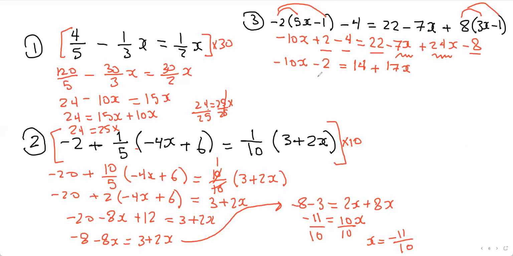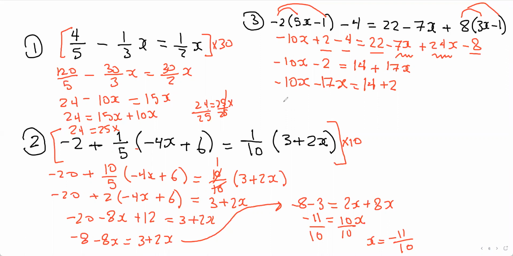All right. So now I could bring the -10x to that side to make sure the x is positive, but we also could just keep it negative here. Move the 17x to the side, minus 17x equals, keep the 14 on the right hand side, move the -2 to this side, plus 2.